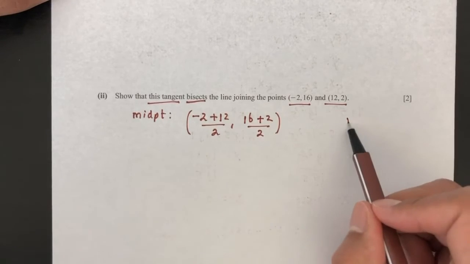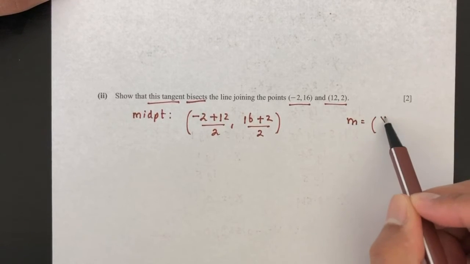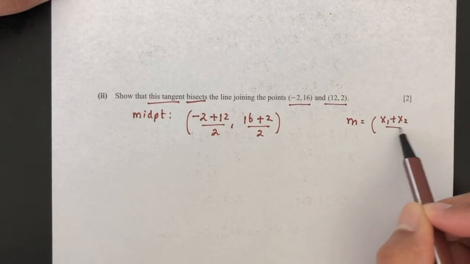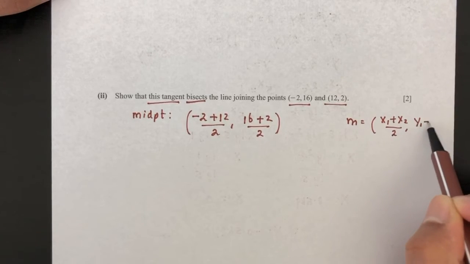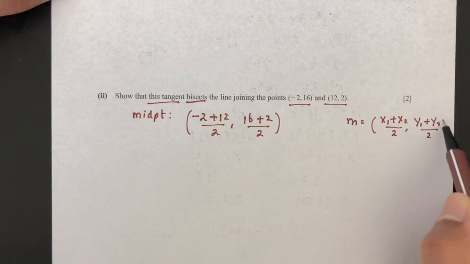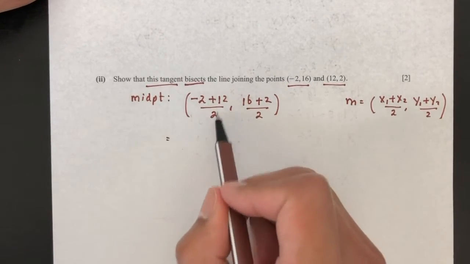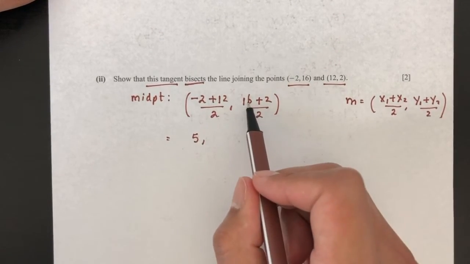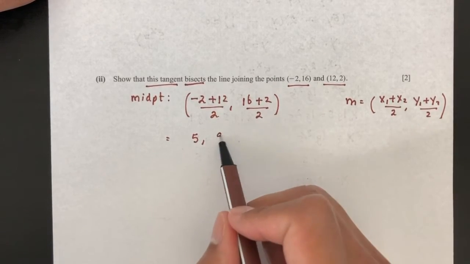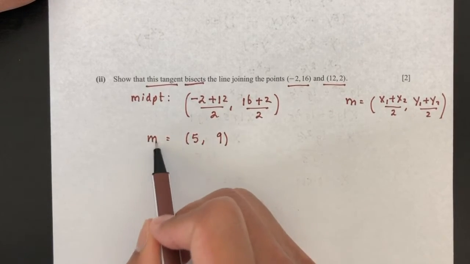The formula for midpoint is pretty easy. It's just x1 plus x2 over 2, and then y1 plus y2 over 2. That will be 10 over 2 is 5. This is 18 over 2, that is 9. That is the midpoint of this line.